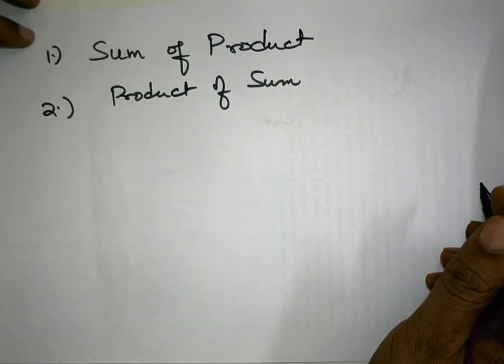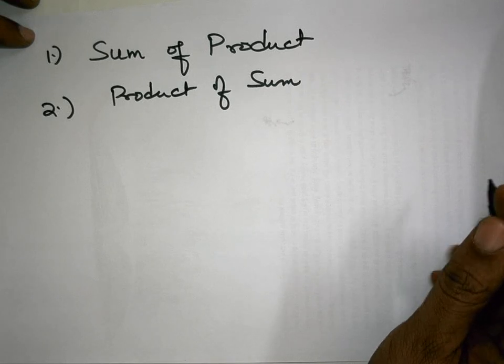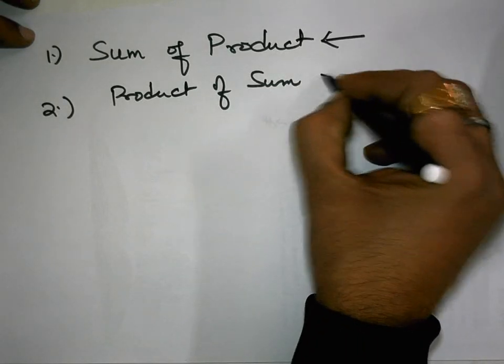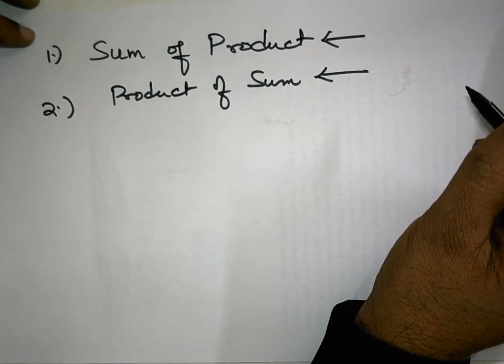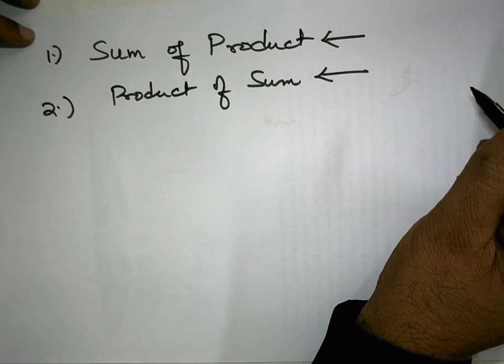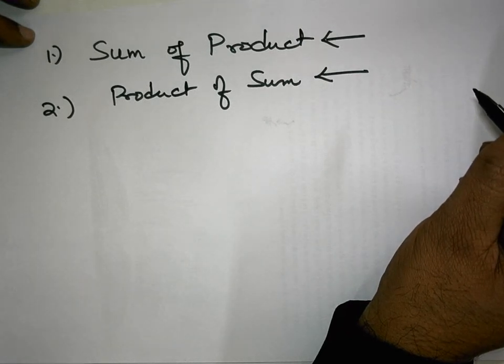This means a combinational circuit can be realized in either of the two ways. Its expression can be represented in either sum of product form or product of sum form.